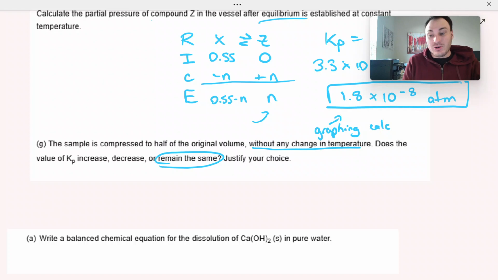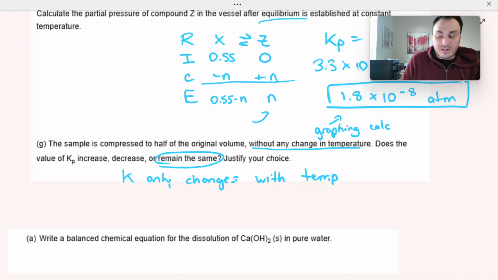We'll get a Q. If we compress the volume, then the pressures will change, and that will lead to a Q, and we can find how it's going to reach its K. But the K itself does not change here. K only changes with temperature.